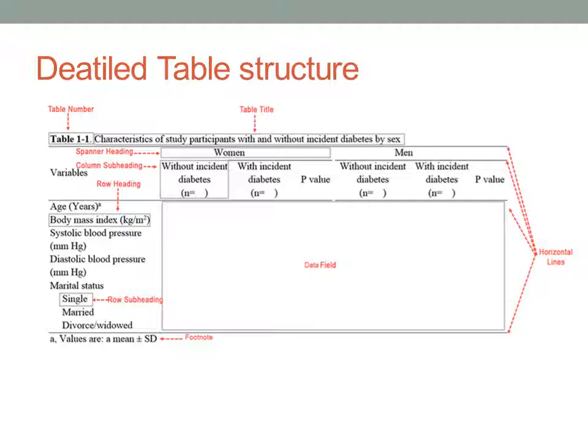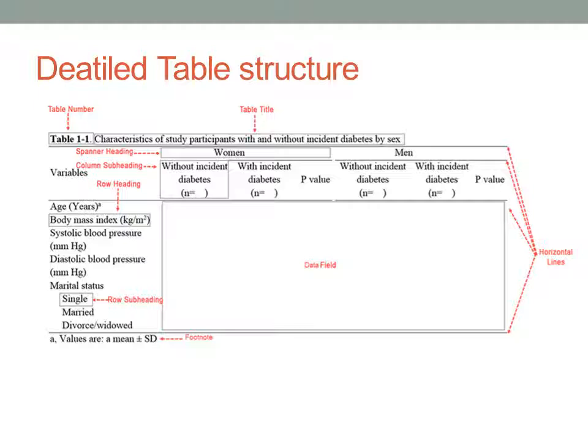Now here the table title says characteristics of study participants with and without incident diabetes by sex. So it describes men and women. In men, this is called a spanner heading. You have column subheadings: with incident diabetes, without incident diabetes, and p-values.